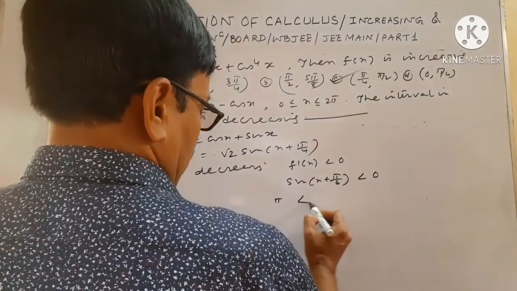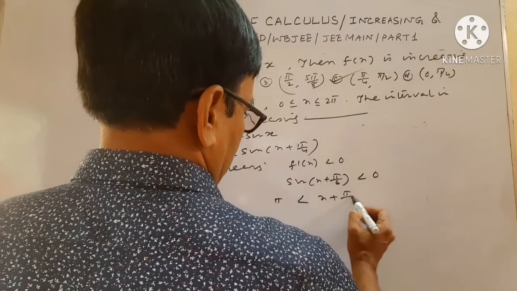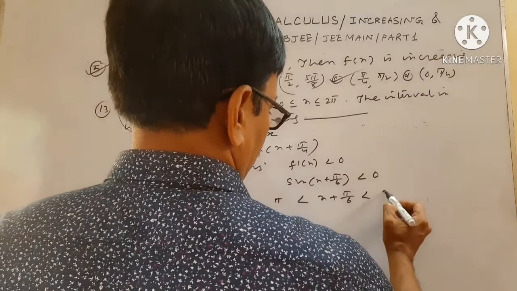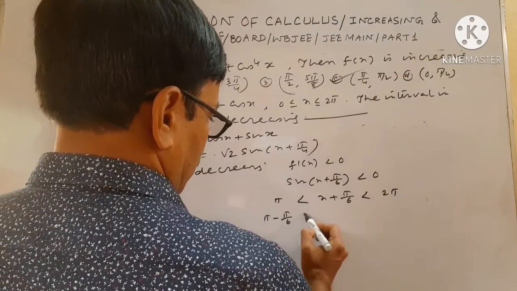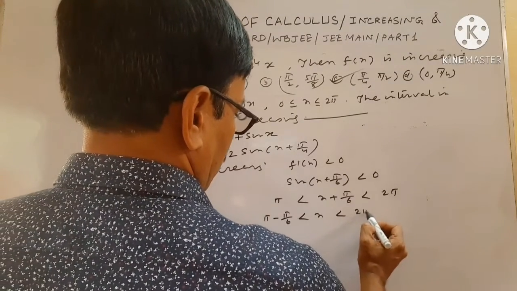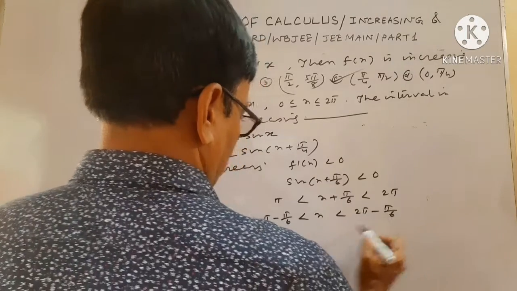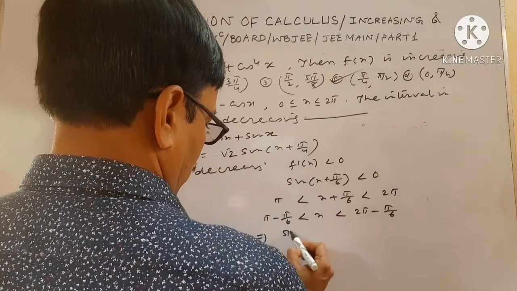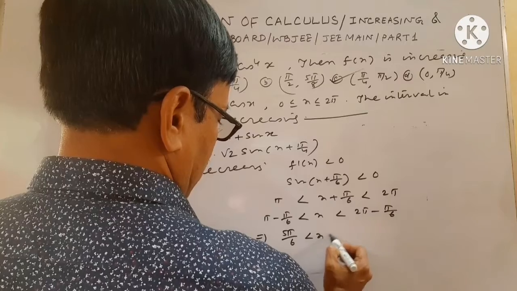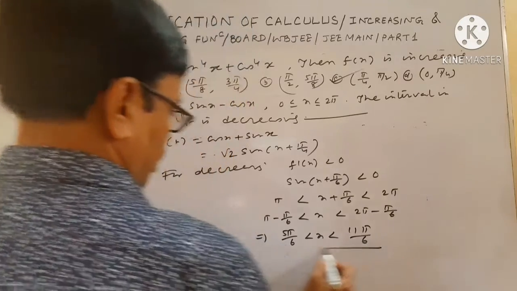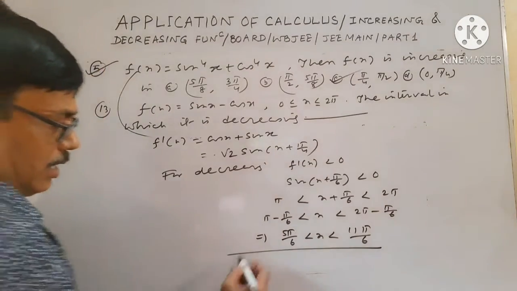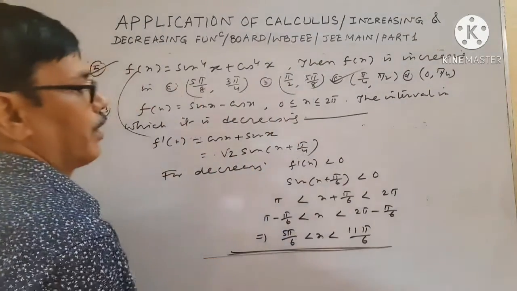So pi less than x plus pi by 6 less than 2 pi. So pi minus pi by 6 less than x, 2 pi minus pi by 6. So 5 pi by 6 less than x less than 11 pi by 6. So decreasing in the interval, yes.